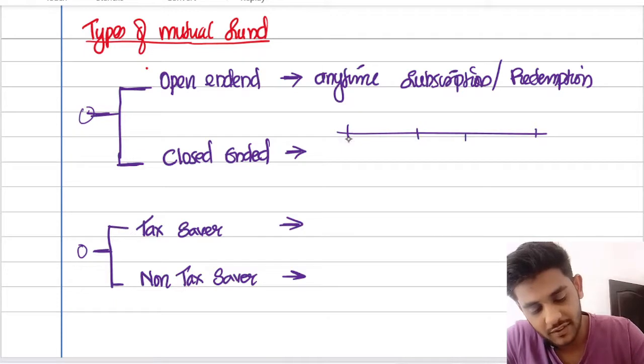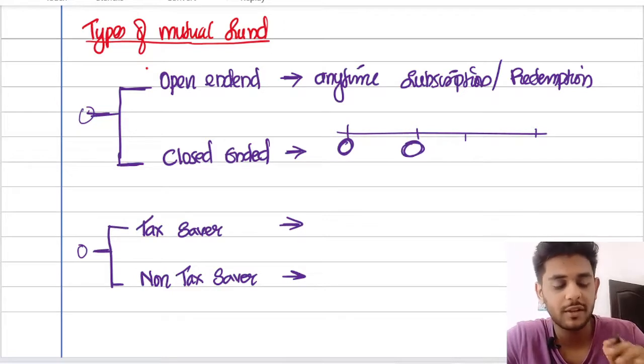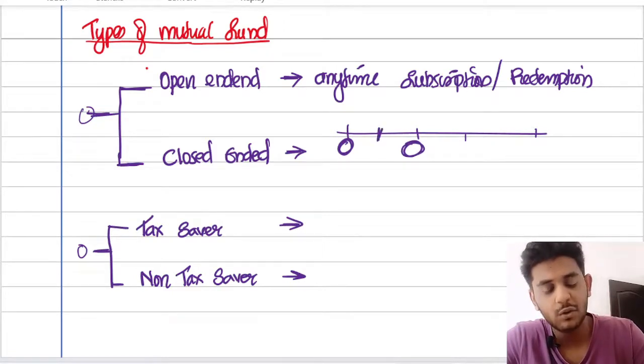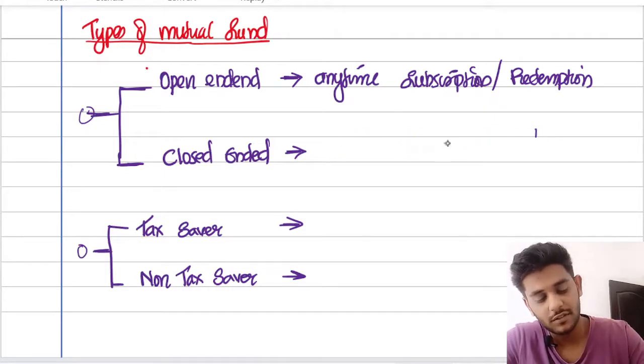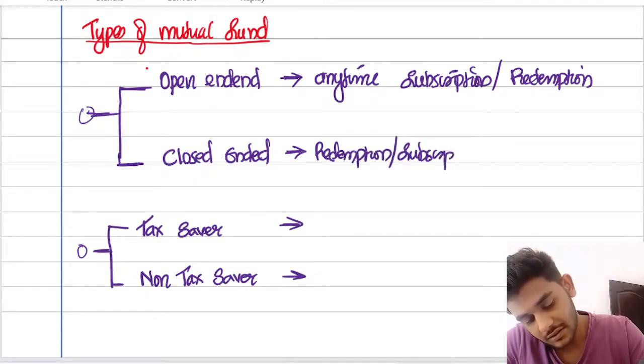So they will be saying at the beginning of the quarter, if you want to invest, and if you want to redeem, you have to redeem at the end of the quarter. In between, you can't invest or you can't redeem. So that is what a closed-ended mutual fund is. Redemption or subscription only at a particular point of time.